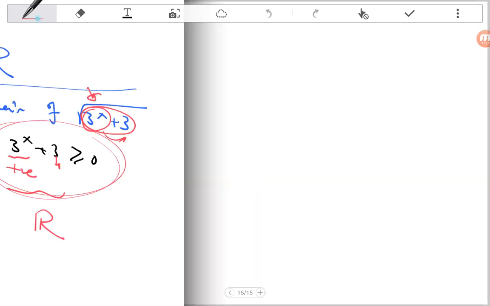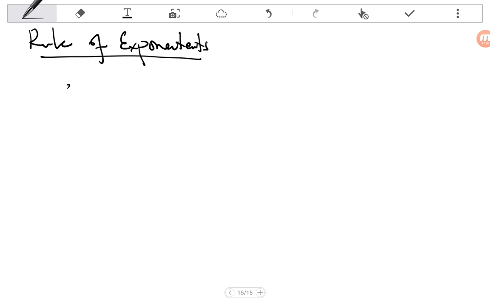We have some rules of exponents which you may have studied before. For example, if I have a power x times b power x, that gives me ab all power x.